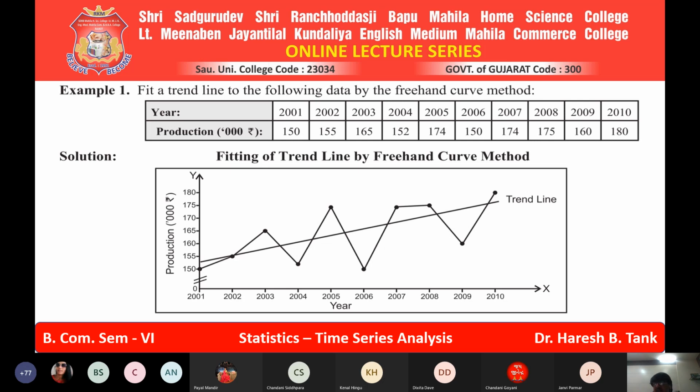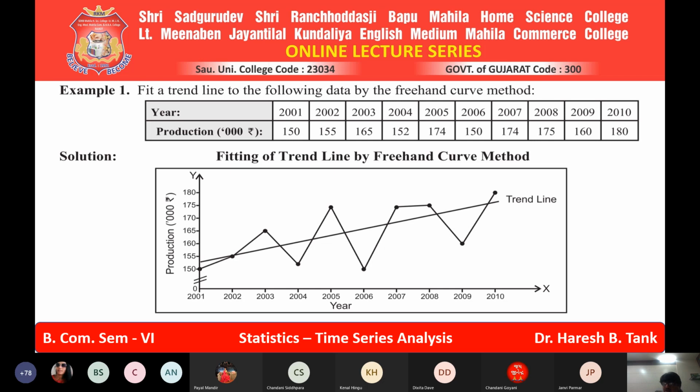That is absolutely fine. But the thing is, every one of you is not getting a similar kind of line. That is why this becomes a limitation. It is highly subjective, based on personal judgment. Every person may judge it differently, so it is very much subjective and based on personal judgment.